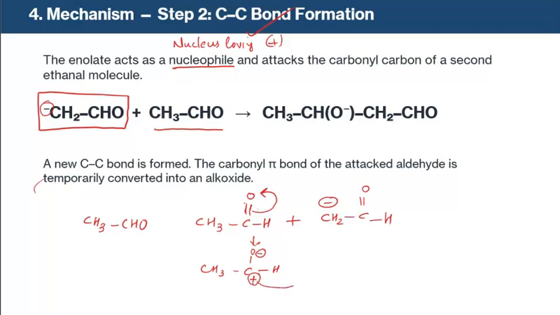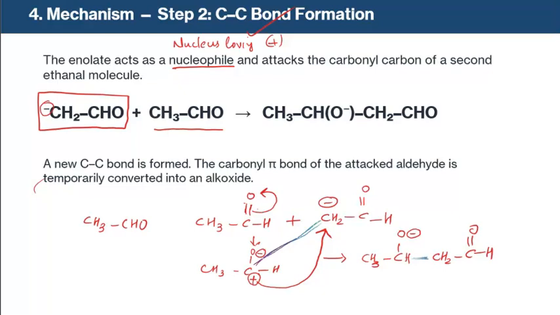This carbon is attached with the enolate ion and forms a new CC bond between this carbon and this CH2. Then CH2 C double bond O, H. Clear? This is a new carbon-carbon bond formation step.